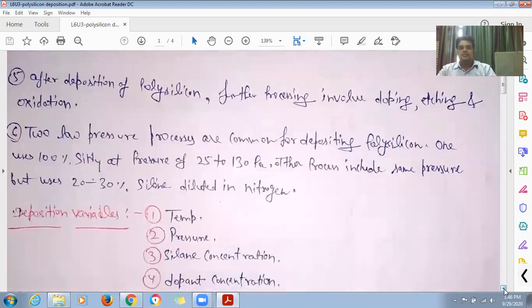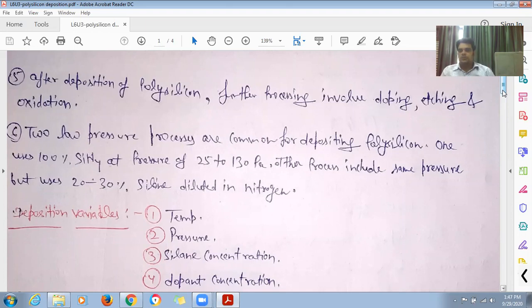Now, as we have deposited the polysilicon, there are certain processes that are also followed. What are those processes? They include doping, etching, and oxidation. As we have seen, we use a hot wall low pressure CVD reactor. So what does low pressure mean?